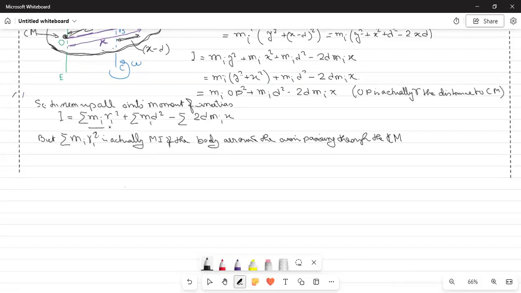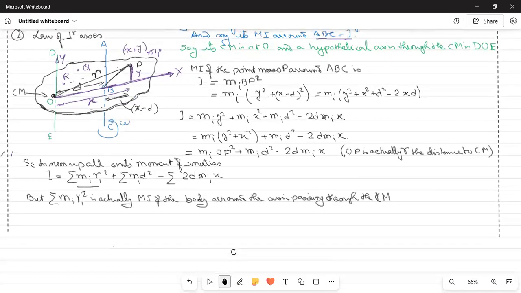So this item is actually the moment of inertia of the whole body if it passes through the center of mass. And this is equal to, we designate it by the letter I naught or I zero. That means moment of inertia of the body through a perpendicular axis through the center of mass is I zero.